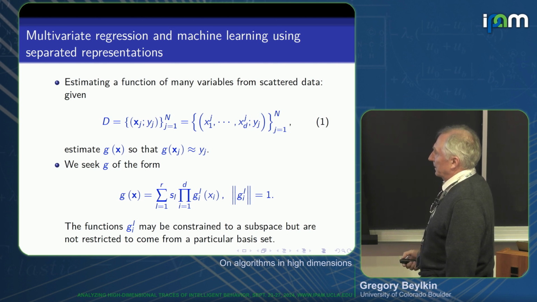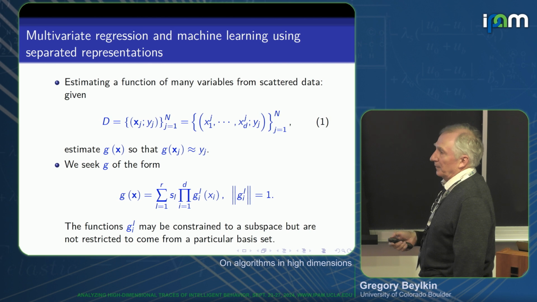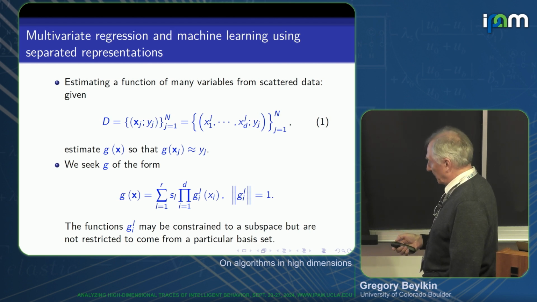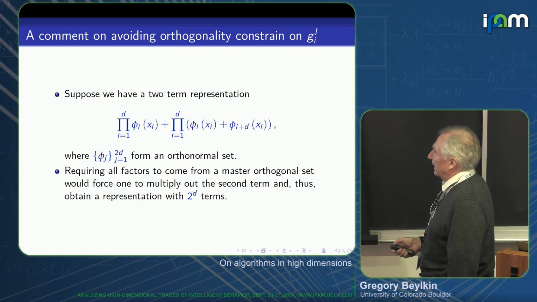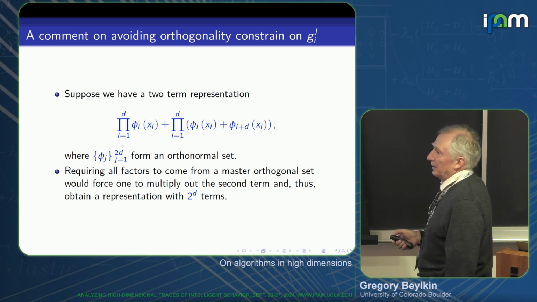These functions, you can select them from some subspace, but you should not make them, for example, orthogonal. It would be a mistake. So let me explain why. If you put a constraint on how these functions should relate to each other, then a sum like this, where there is no constraint, will require 2 to the d terms if you put a constraint.